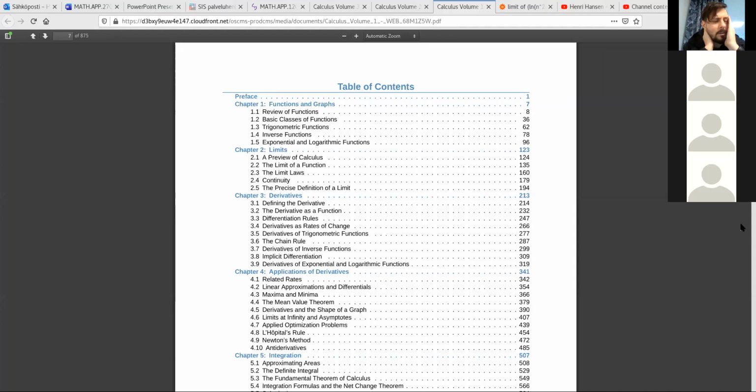I also gave an alternative phrasing for it: for every open interval that contains the point which is the proposed limit, there is another open interval around x0.